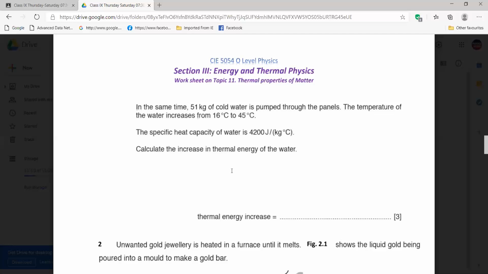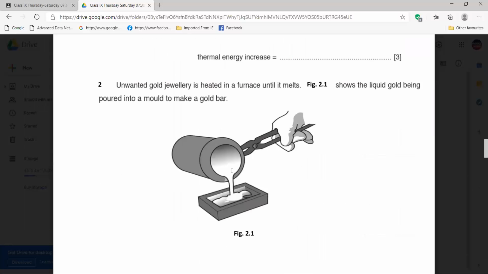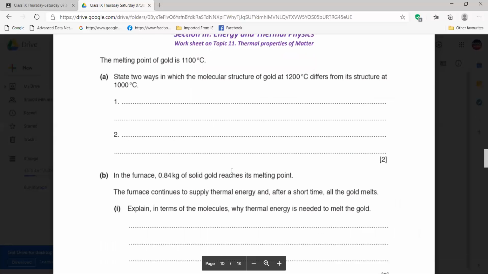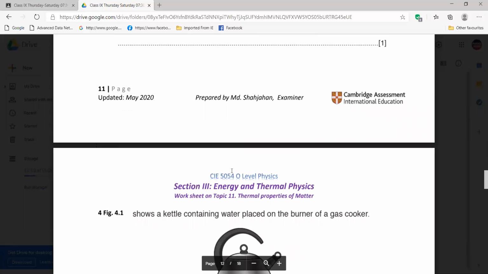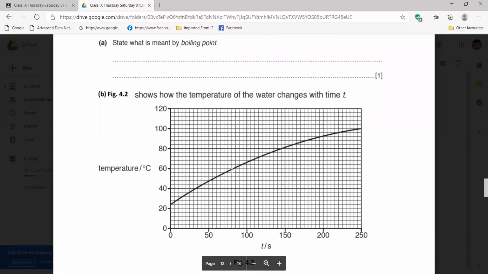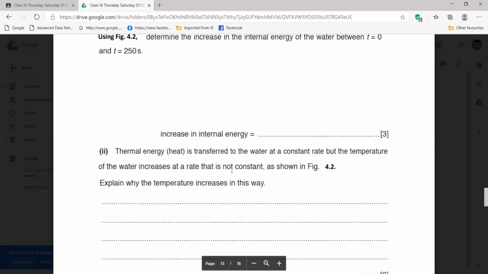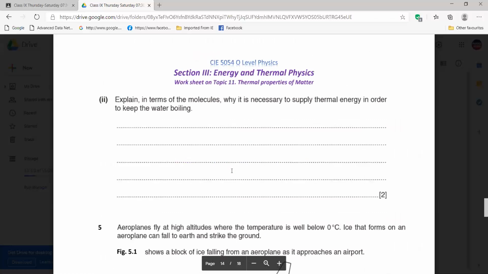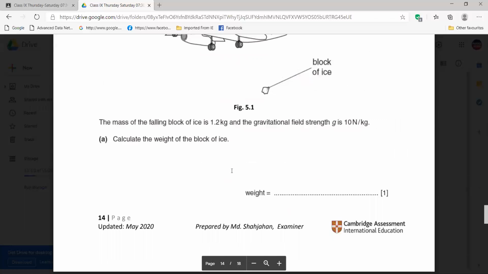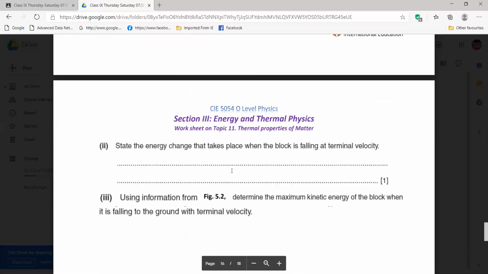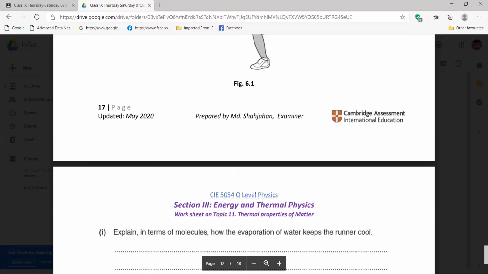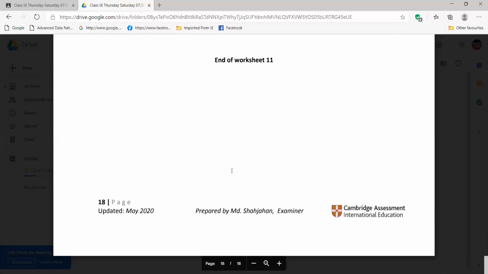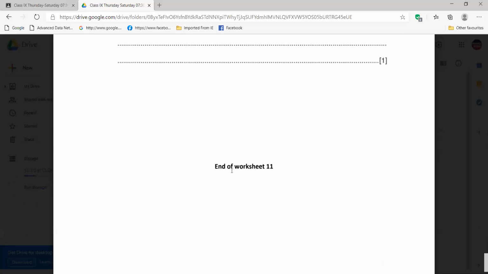Okay. Now how many questions do you have left? Question 2, then question 3, right? Then question 4, then question 5, question 6. So how many questions left?